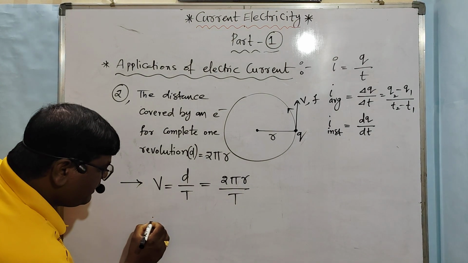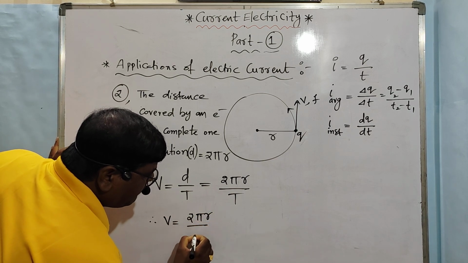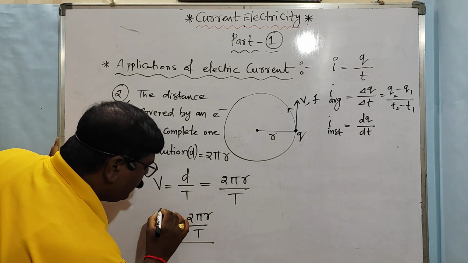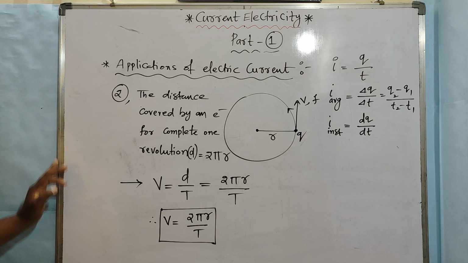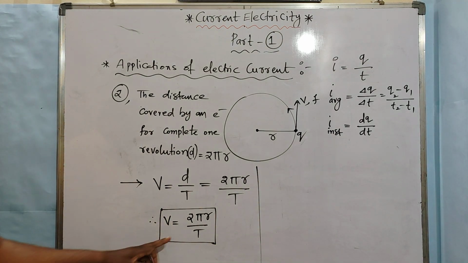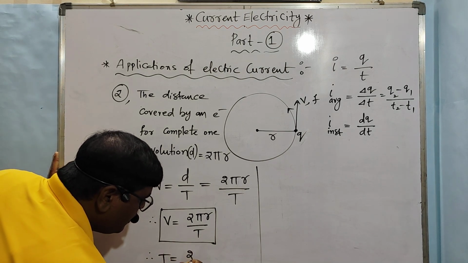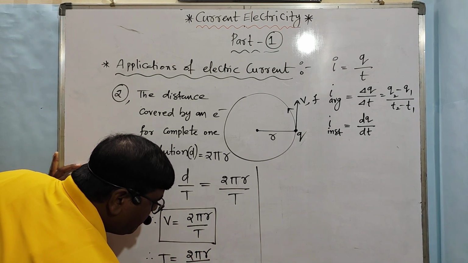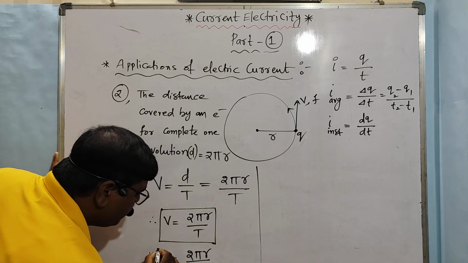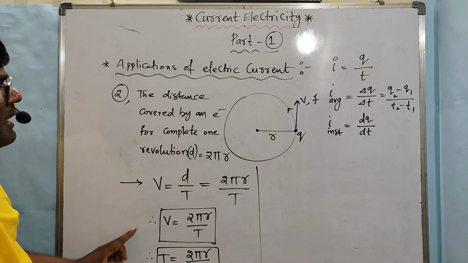So the formula we got here is: therefore v is equal to 2 pi r by t, the formula for speed. One formula, right? Now T we can also write from this, t is equal to 2 pi r by v. So this is point 1.